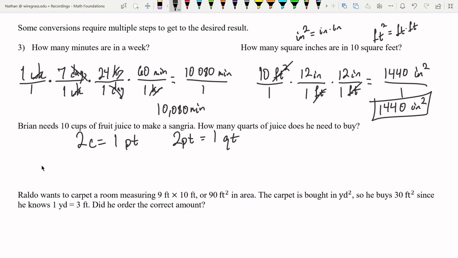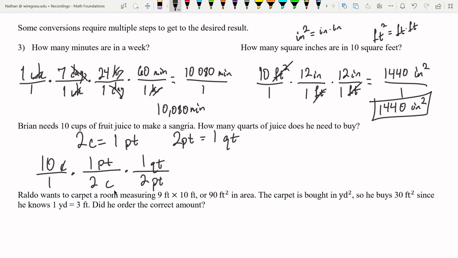So either I can do 10 cups times, we're going to do 1 pint. Oops, no, we're going to do 2 cups is 1 pint. And then we're going to convert that to quarts. That's what we want. So we're going to do 2 pints is 1 quart.